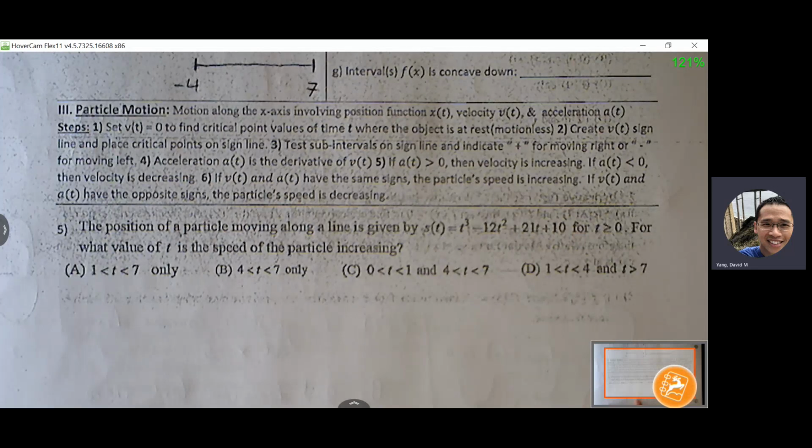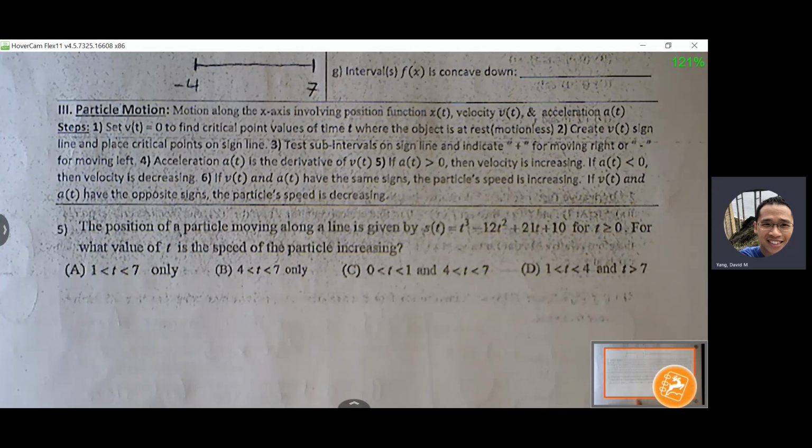So number 5, position is given. For what values is the speed of the particle increasing? So this is asking us to compare velocity and acceleration. But it's not just asking whether the speed is increasing at a particular value, it's asking for a range of values. So what we're going to do is find the velocity sign line and the acceleration sign line, then test each interval, and look at on what interval we have the signs matching up, right?